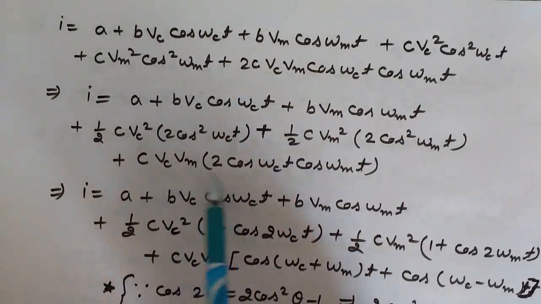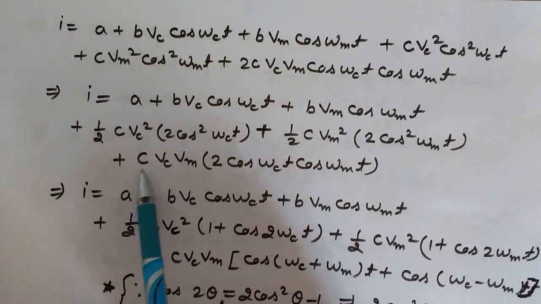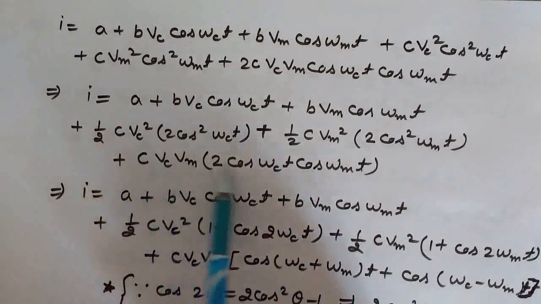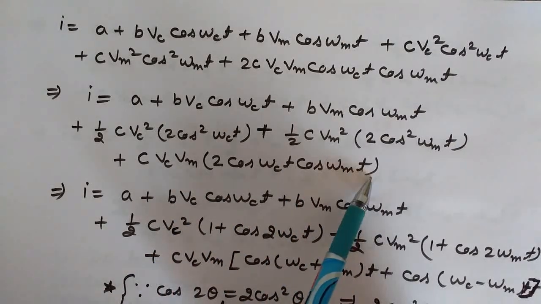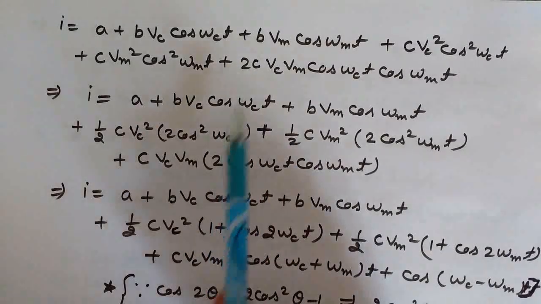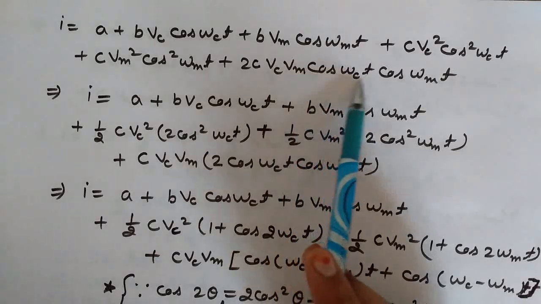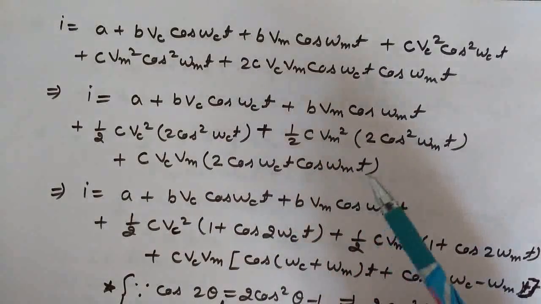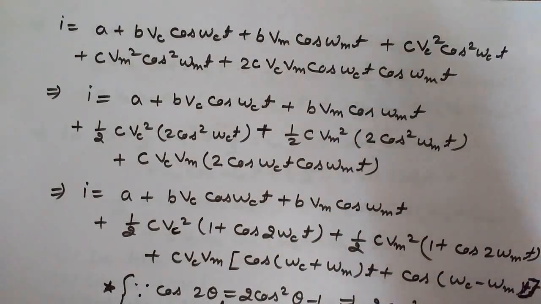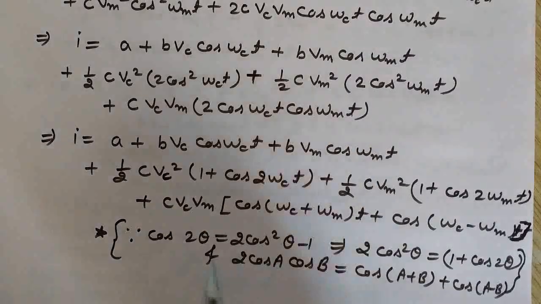I have put this 2 at this place and this 2 at this place, as we are going to use some trigonometric formulas to make the expression simpler. Hope you are getting this.